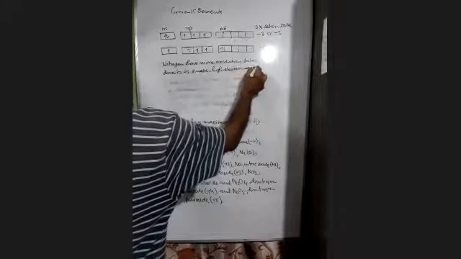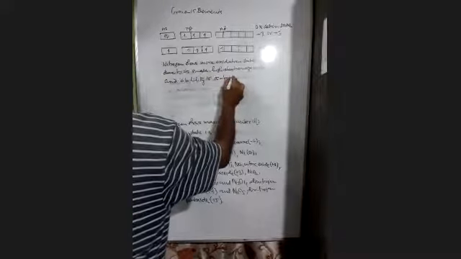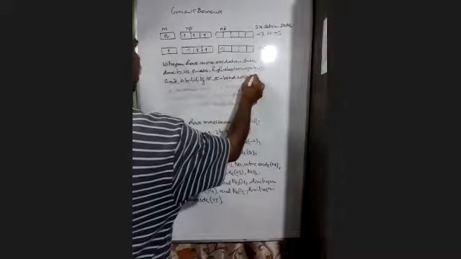Nitrogen shows more oxidation states due to its small size, high electronegativity, and ability to form pi bond with oxygen.